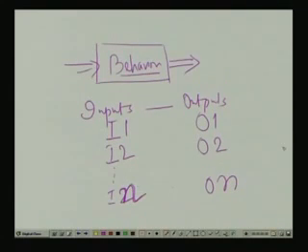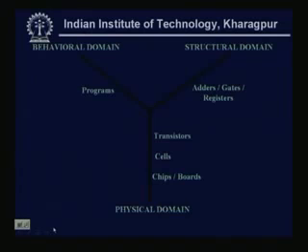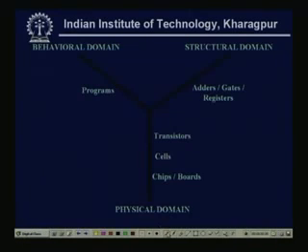If it is given, then I can write programs to get this behavior. Again, the Y diagram: once that is given, it comes to our physical domain.